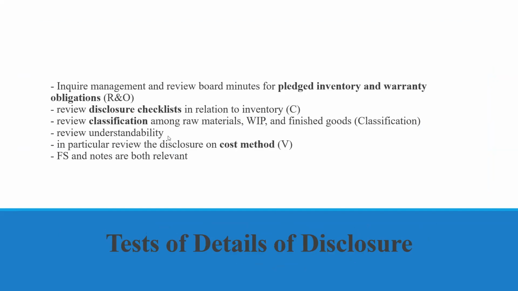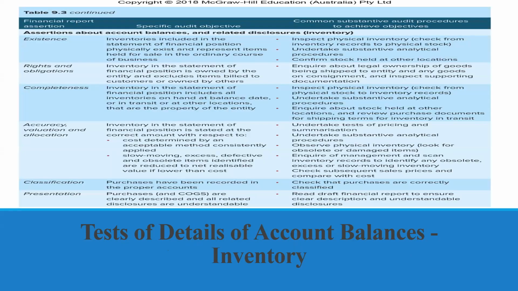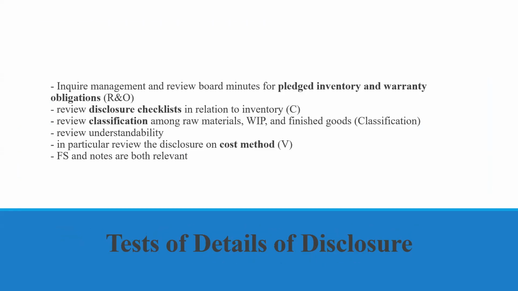I just leave those two pages for you to read after the class. And in terms of disclosure for auditing the inventory, remember, what we usually focus on is, first, existence of inventory, second, valuation of inventory. In the inventory disclosure, they also focus on those.